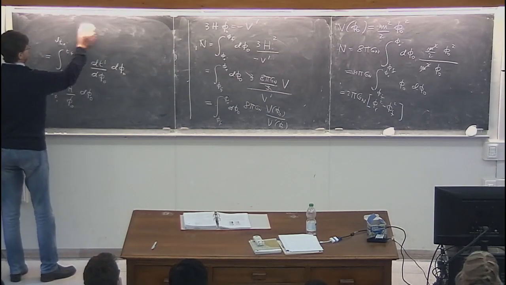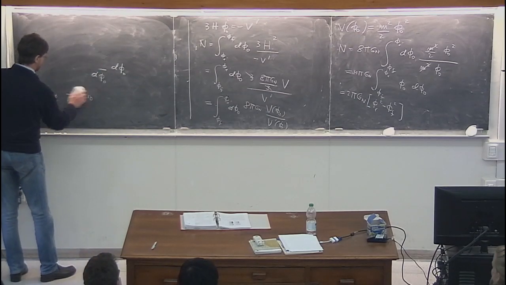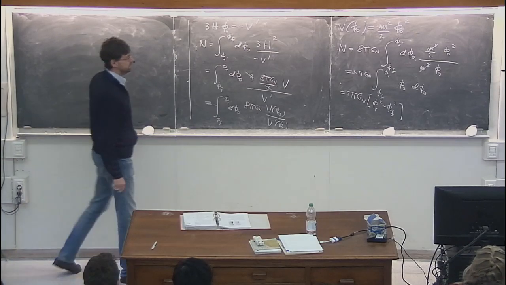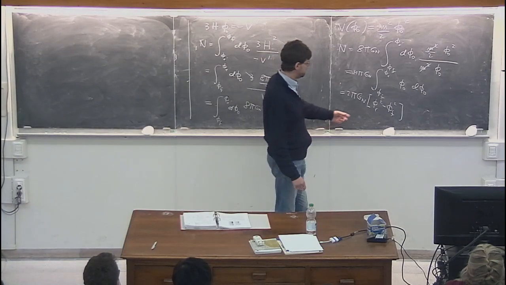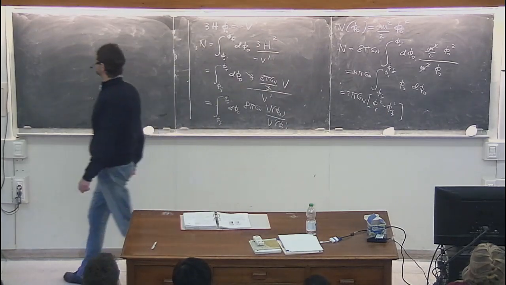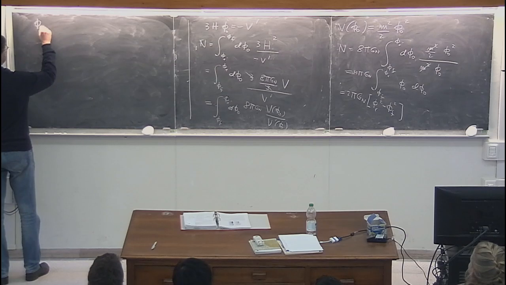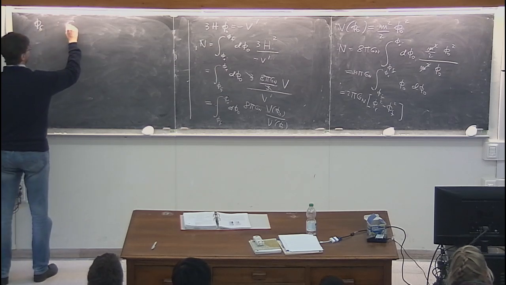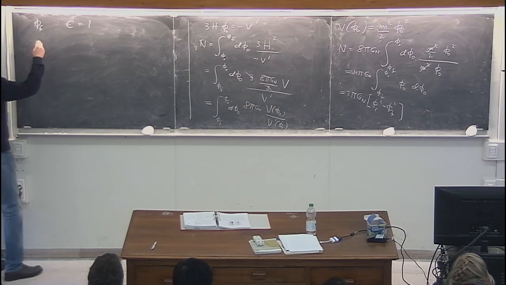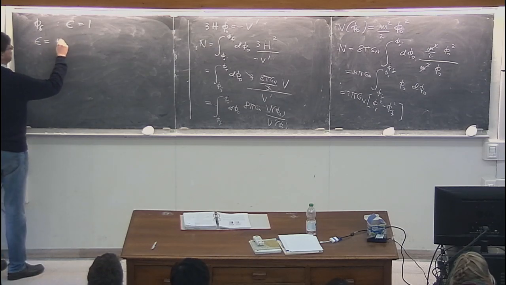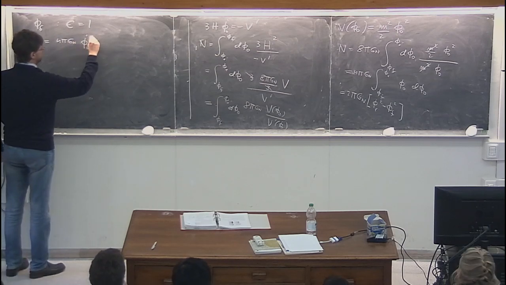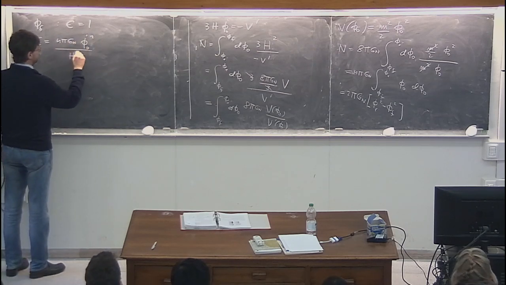Okay, so let me change the blackboard, otherwise it will become a little bit complicated. Okay, so now we want to compute what is the value of phi final, for instance. Let's do this exercise. So we said that phi final corresponds to the moment where epsilon is equal to 1. Correct? On the other side, we said that epsilon is equal to 4 pi G Newton times phi dot squared divided by h squared.